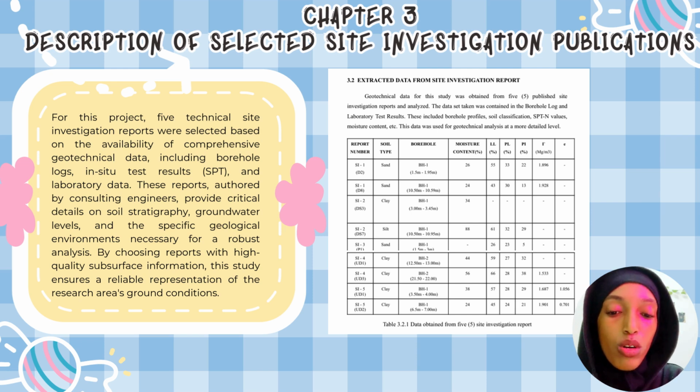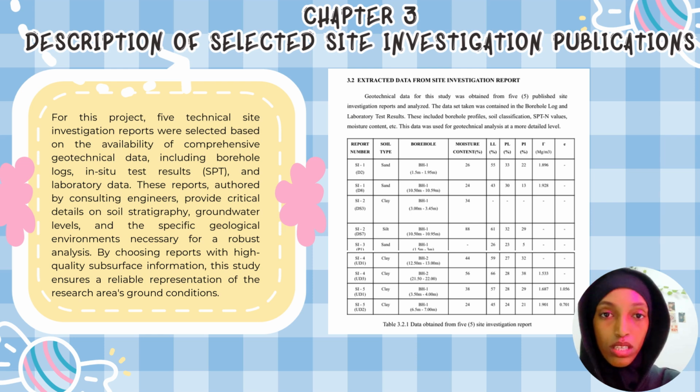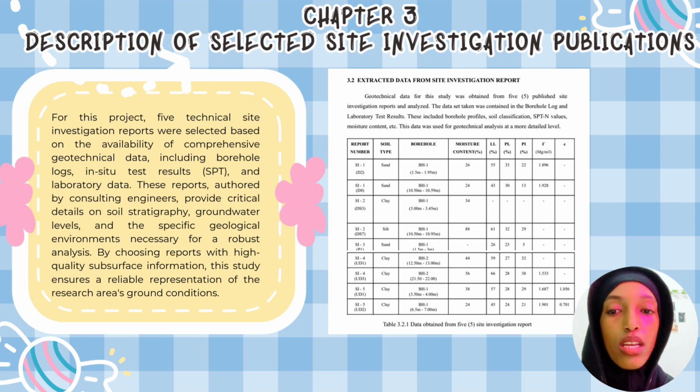These include borehole logs, laboratory test results, and in situ testing data such as SPT values. The selected reports also represent different soil types and geological environments. By choosing reports with high quality subsurface information, this study ensures a reliable representation of the research areas' ground condition.